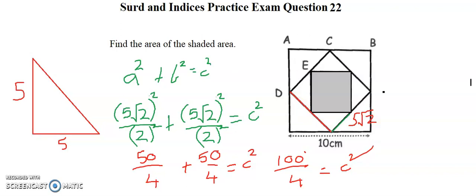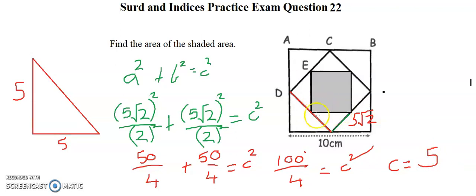So c squared is equal to 25, which means c is equal to the square root of 25, which is 5.